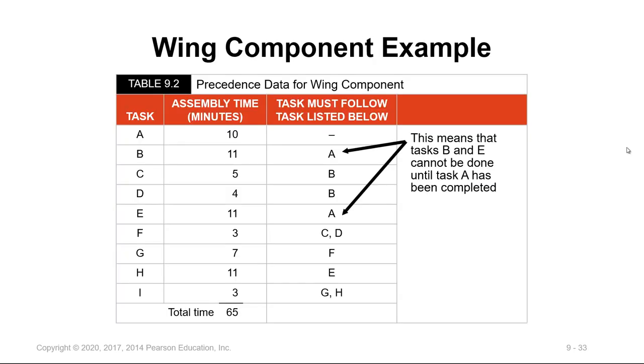The following example explains how to balance an assembly line. Looking at the different tasks, their duration and the predecessors, we can see that the total time for all activities is 65 minutes, and that activities B and E cannot start before finishing activity A.